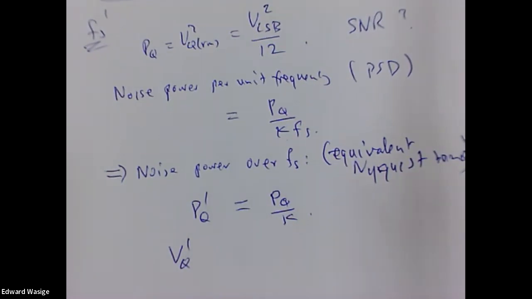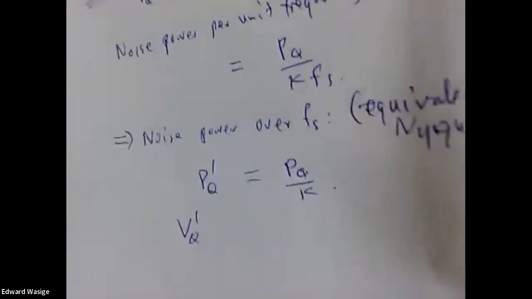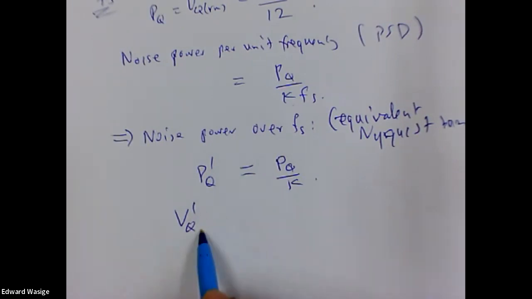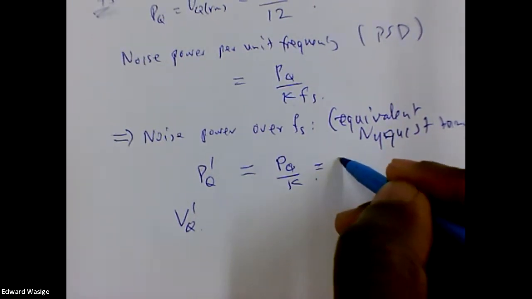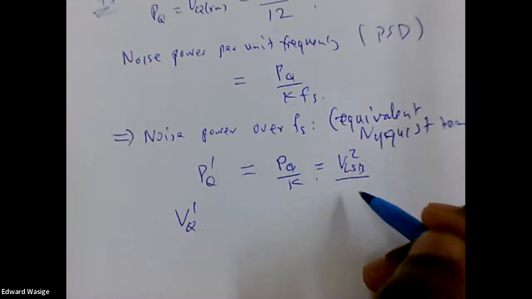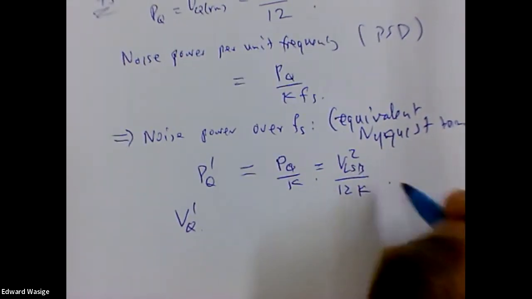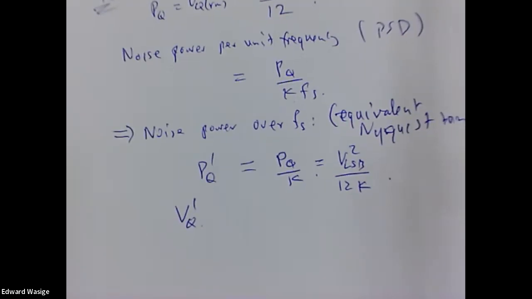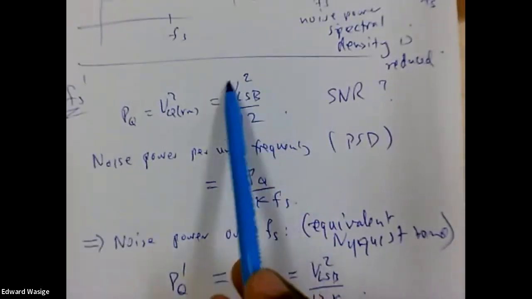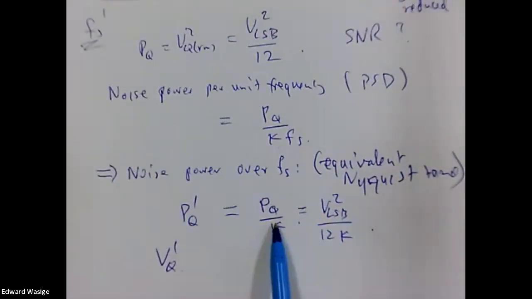And therefore, the quantization noise, this one we can write as VLSB squared over 12K, because PQ is given by that. If we put it in, we get that.